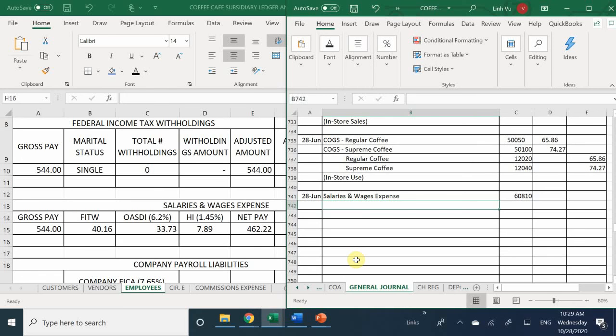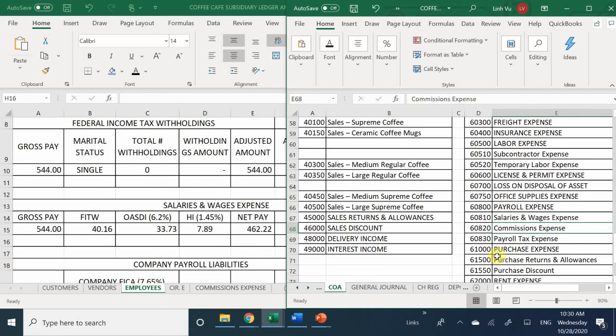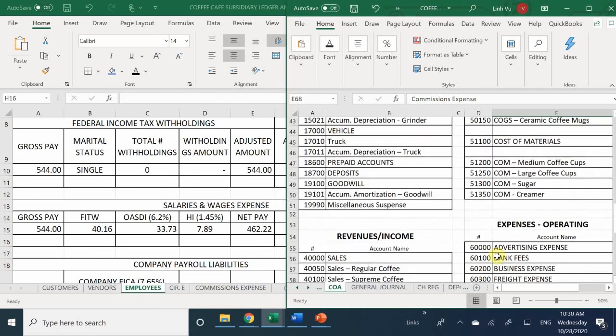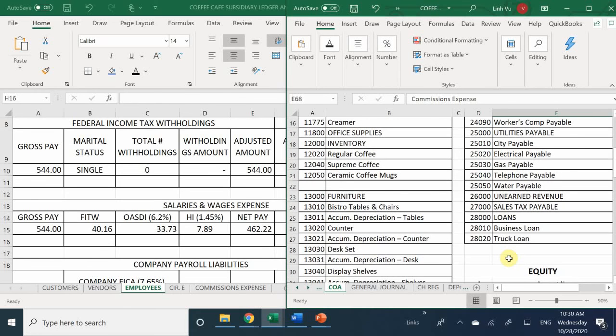Employees FITW payable. Good. Let's look at a chart of accounts. So these are things that we're collecting because we need to pay forth towards the government, correct? And HI payable. So we have to do employee FITW payable.